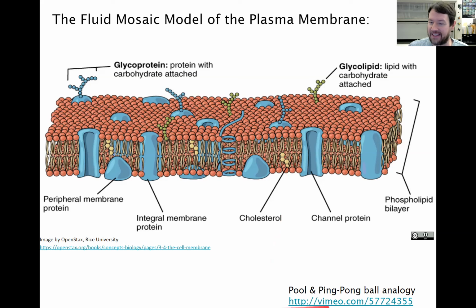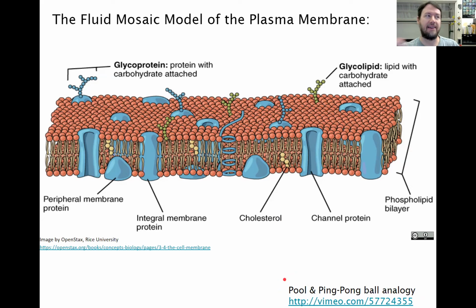Okay, so I have this analogy. If you imagine a swimming pool filled with ping pong balls, those ping pong balls might be kind of like the hydrophilic heads of the phospholipids, and they can move any which way in the plane of that membrane, right?